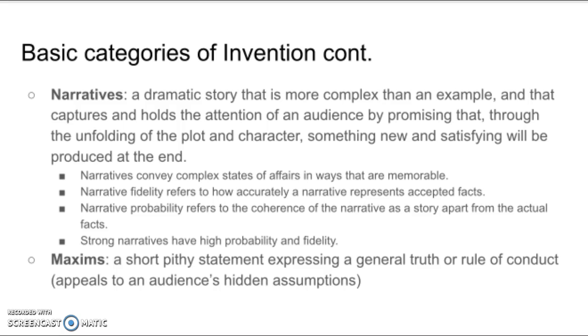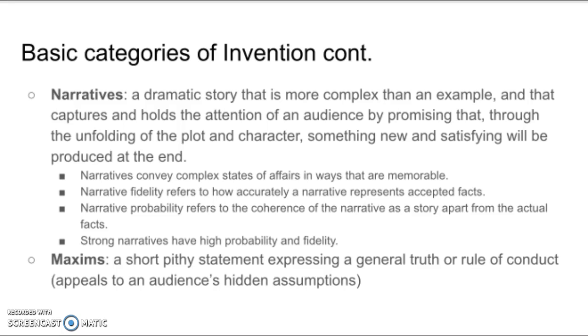Narrative can offer fidelity because it refers to how accurately a narrative represents accepted facts. Narrative probability refers to the coherence of the narrative as a story apart from the actual facts. And we would consider a narrative to be strong when it has both high probability and high fidelity.